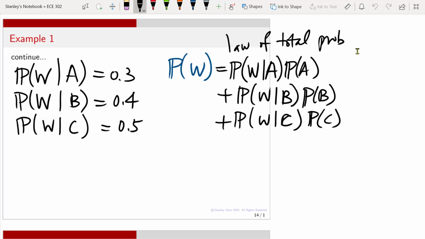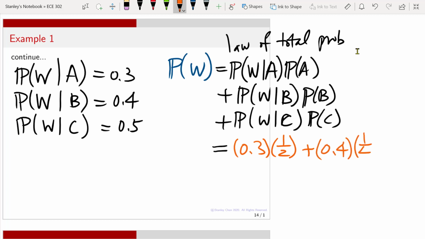So now let us put in the numbers. Here we will get 0.3 times 1/2, plus 0.4 times 1/4, plus 0.5 times 1/4.